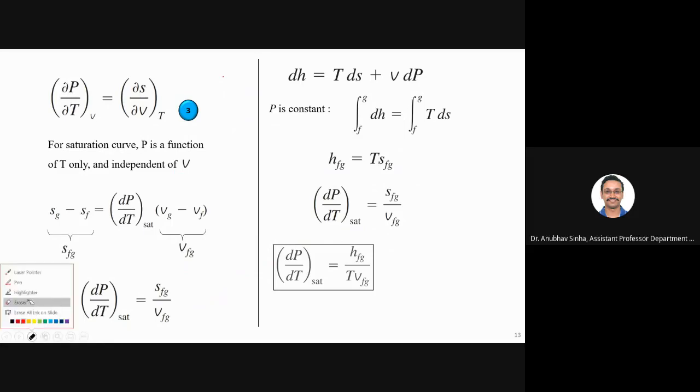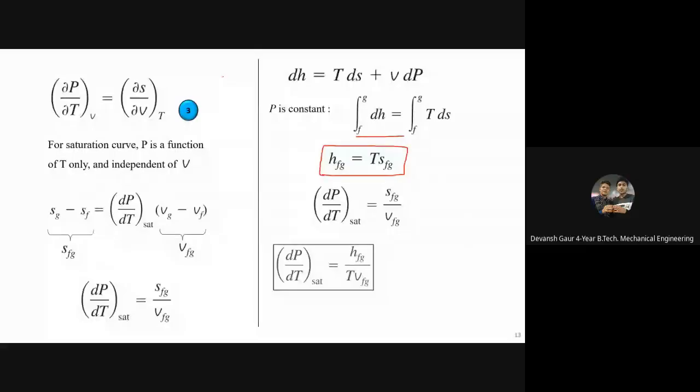Up to here, I think it's clear to everyone. If you integrate this, you'll get this form. Any questions on how we got here? Sir, when pressure is constant, how is it a function of temperature then? No, forget that.